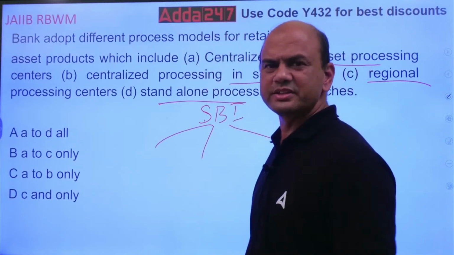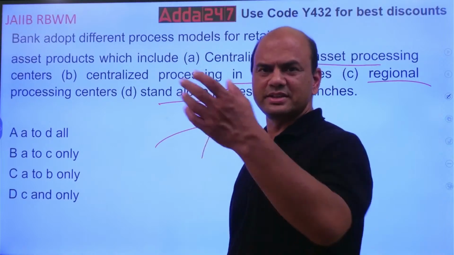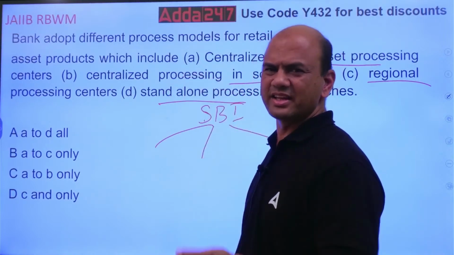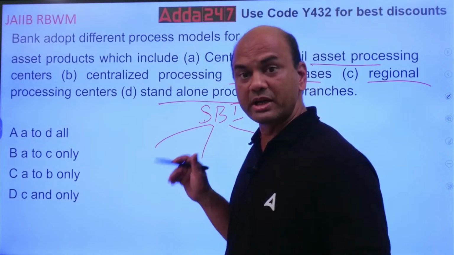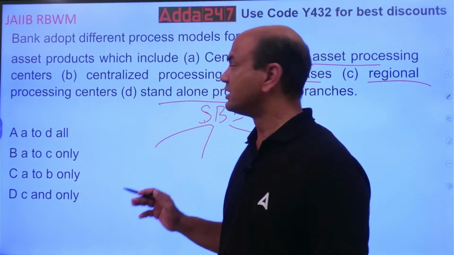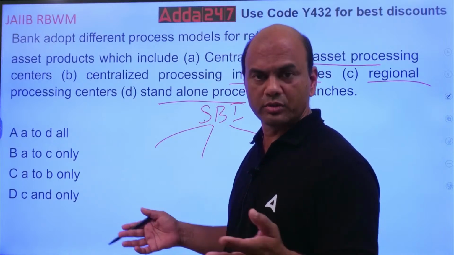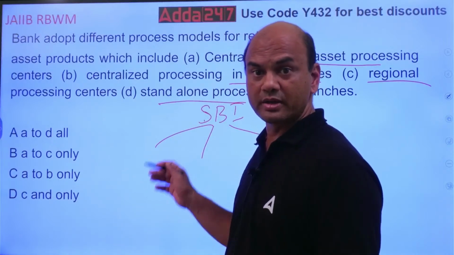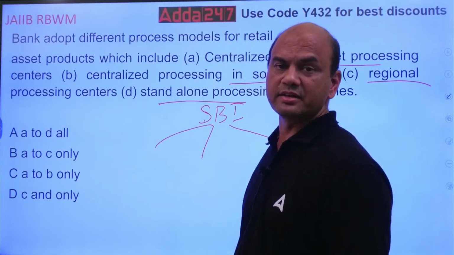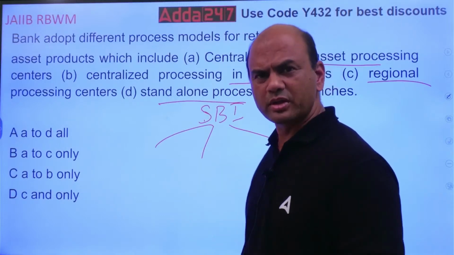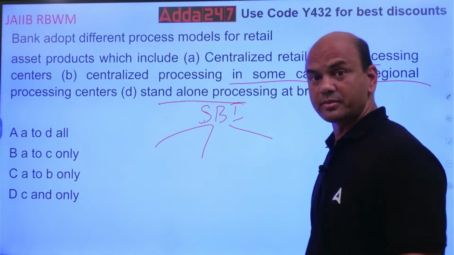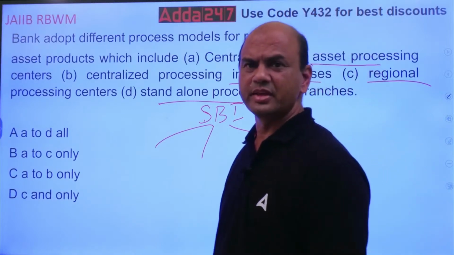East, west, north, south, or something central, anything. They can give any names. But they will have certain separate centers, because you can't handle the whole volume at a single center. If it's a smaller bank, in that case it can have a single center.